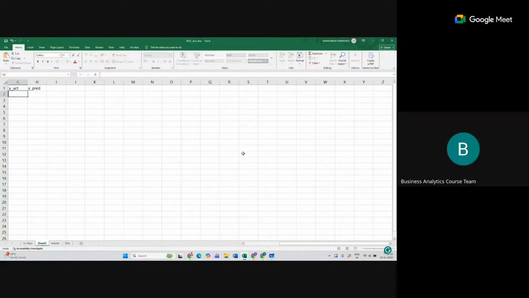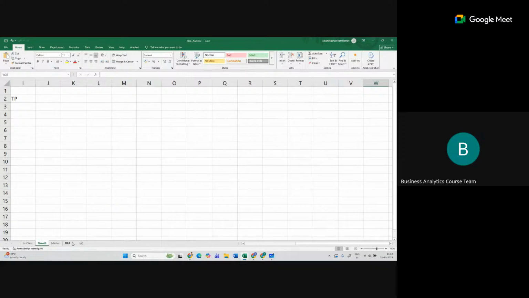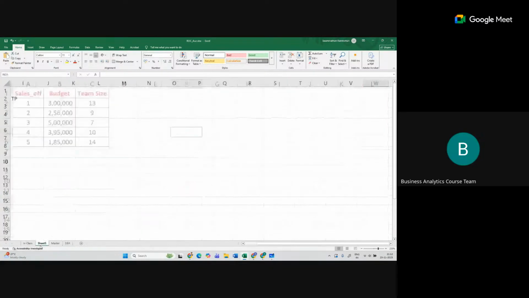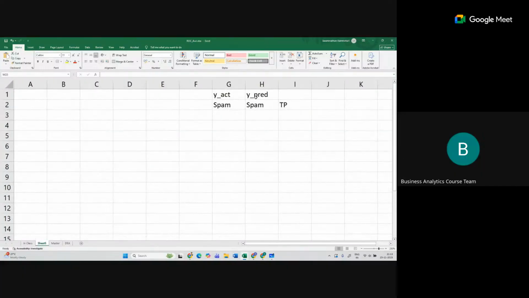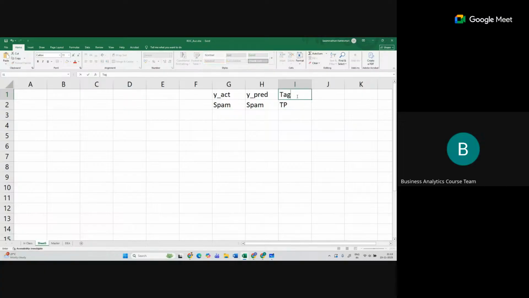So if your actual is spam and you also predict it as spam, it is called true positive. Okay, let me zoom it a bit. Let us call it as tag.